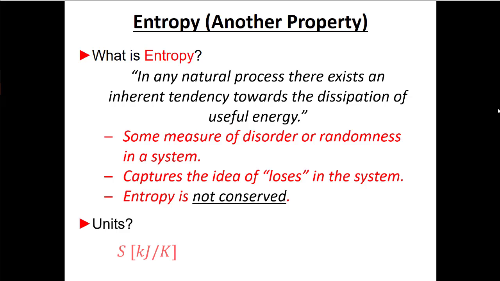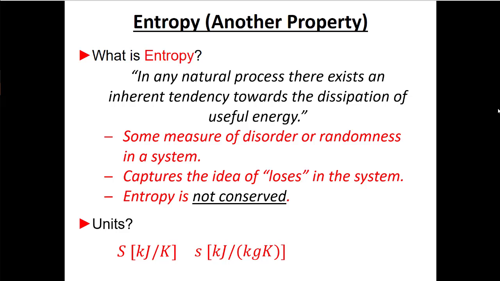So entropy is a little bit different than energy, but it's still kind of kilojoules. But it's this weird thing, kilojoules per degree Kelvin. That's the extensive version of entropy, capital S. But then little s, if you look up lowercase s in the textbook, will be kilojoules per kilogram Kelvin.